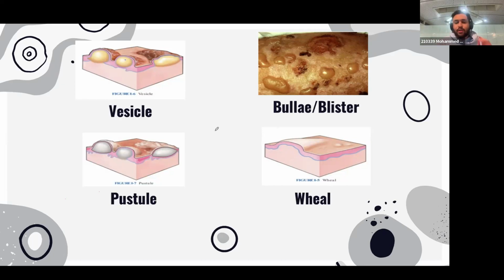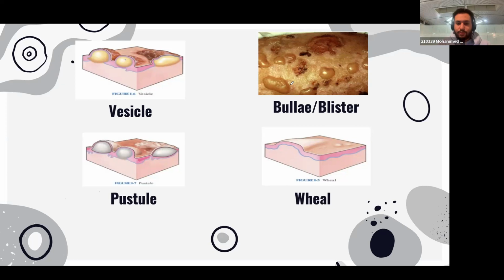The only reason I have these is because I'm going to mention them, and I want you guys to be familiar with what these are when I mention them later. Like, for example, in HSV, we have vesicles that form. In pemphigus vulgaris, we have blisters that form. Now you know what they are. Tamam? Good. Now, these blisters, certain diseases, if you pop this blister, it can form an erosion. Okay? So that's something to note.